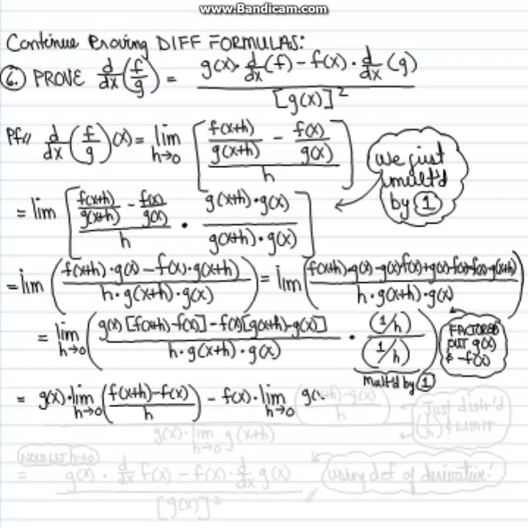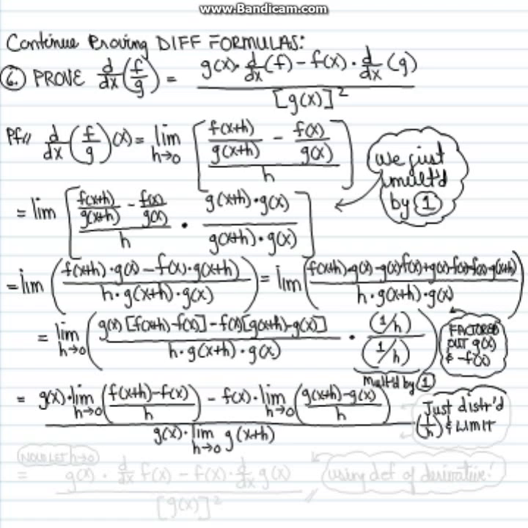Again, we were able to pull f of x outside of the limit because it doesn't depend on h. And on the bottom, we have g of x times the limit of g of x plus h. Only the second function depends on h, so we pulled the first function out in front because it's independent of h. So that's what we did there. We just distributed the 1 over h multiplication, and we distributed the application of the limit.